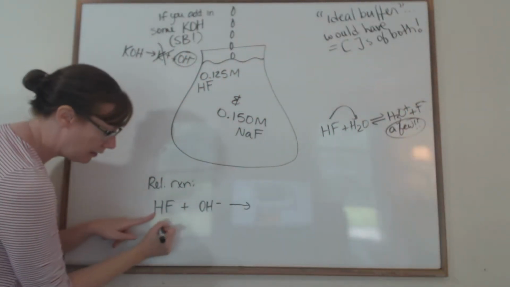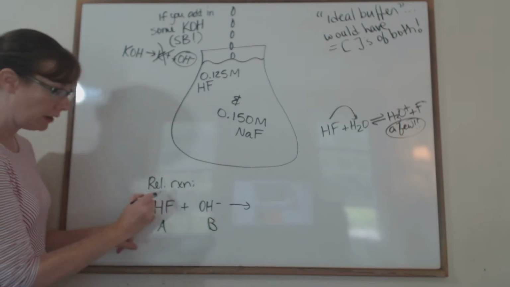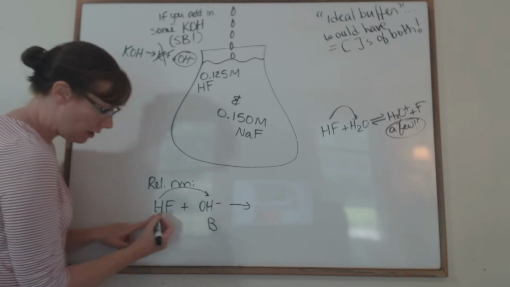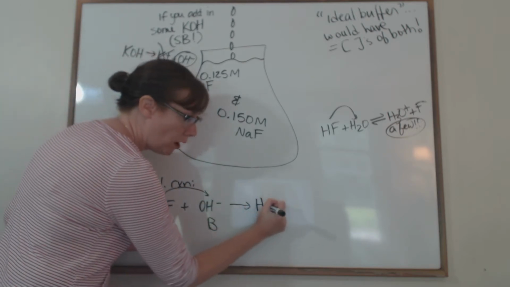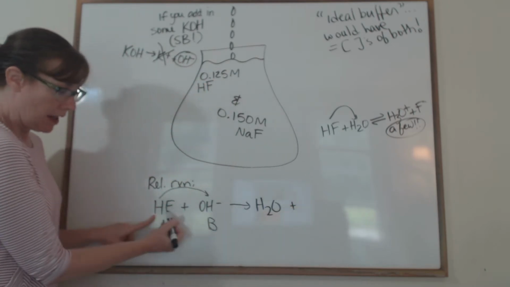This is your acid, weak acid. This is obviously your base. Which way does the proton go? Acid to base. So the two products would be water and F minus.